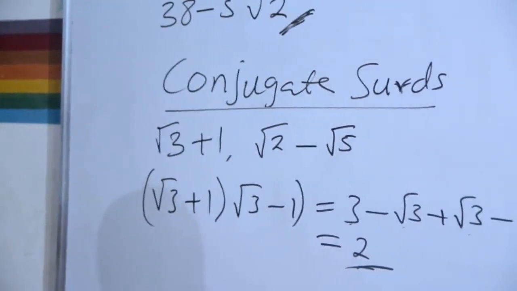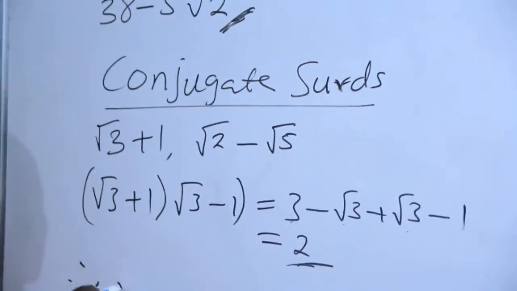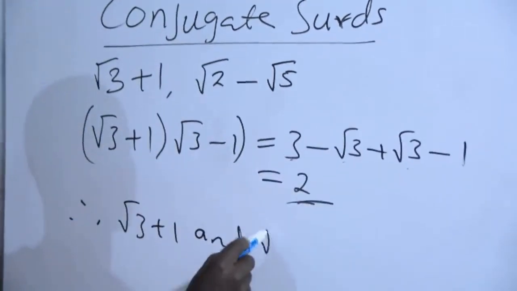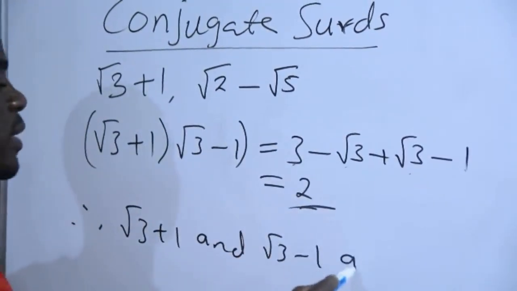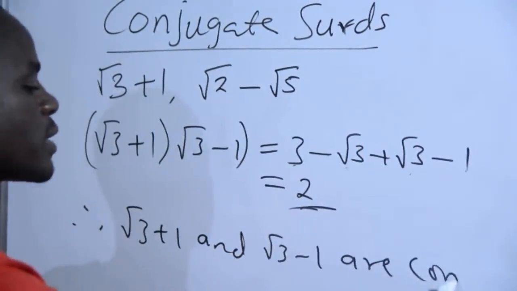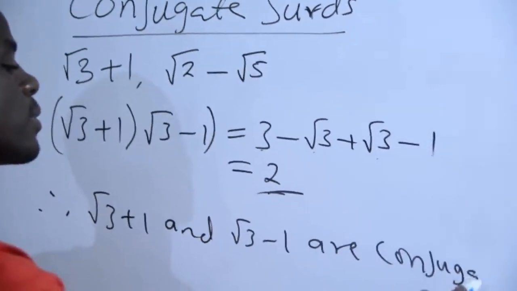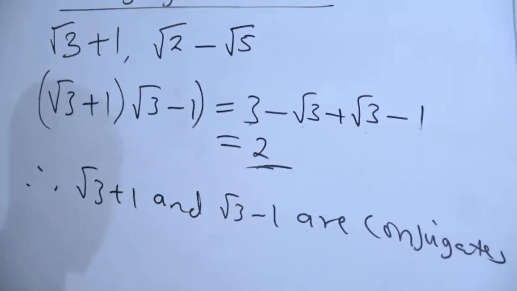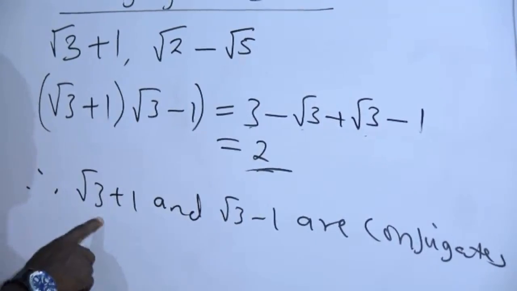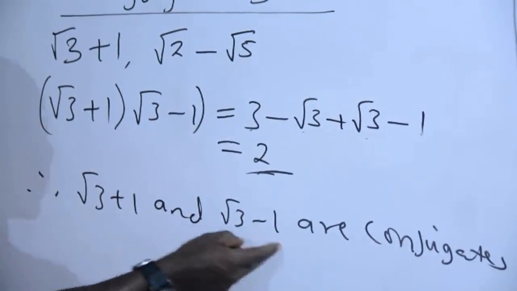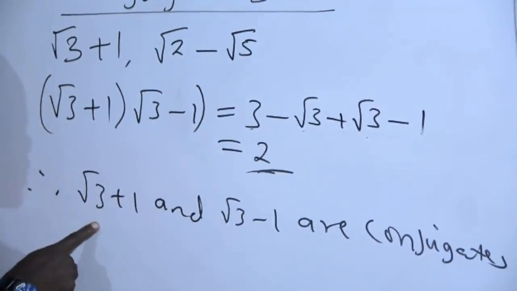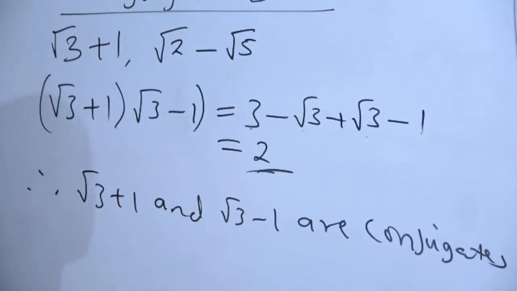Okay? Therefore, square root of 3 plus 1 and square root of 3 minus 1 are conjugates. They are conjugates of each other. That is, root 3 plus 1 is a conjugate of root 3 minus 1, and root 3 minus 1 is in return a conjugate of root 3 plus 1.